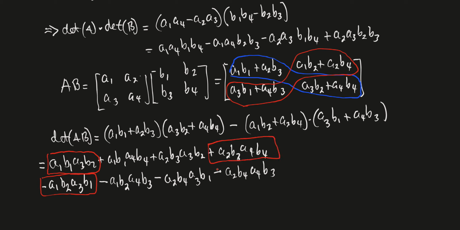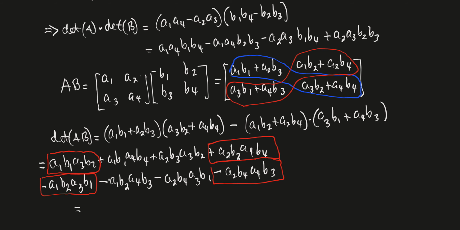It's the negative of that exact term. There is the A2, there is the A4, there is the B4, and then there is the B3. So these completely cancel out.